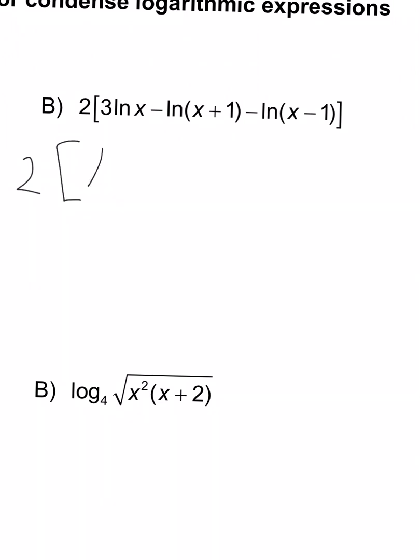So first off, I know that I'm going to condense into a natural log. I have positive and negative logarithms, so I want to have my division bar to separate my numerator and denominator arguments. Since this is our positive logarithm, that's going to go in the numerator. And again, that 3 went into the exponent of x, so I have x to the third in the numerator.